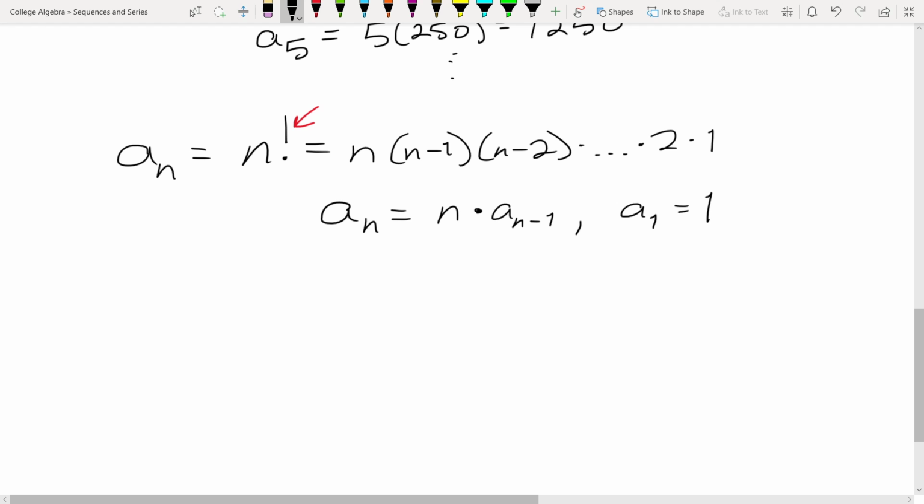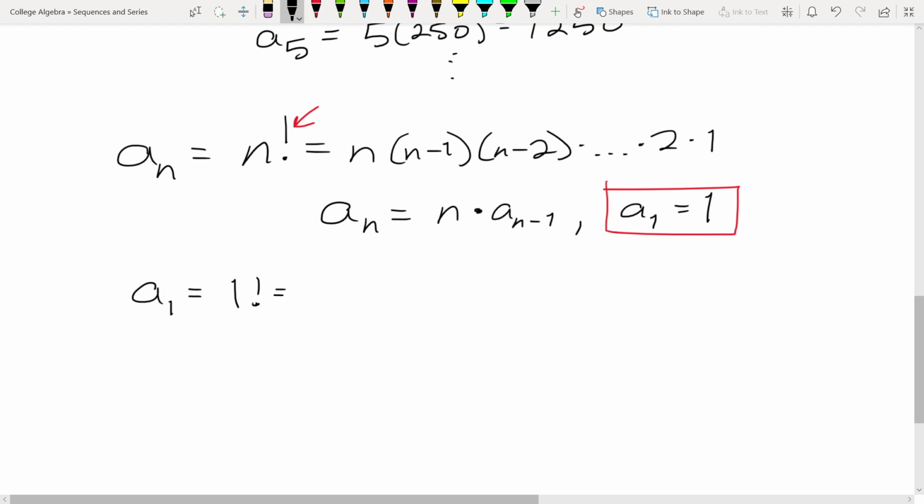So to give an idea, what are the first 5 terms of this? Well, a1, we can follow this formula, but typically a1 is just given as 1. As you can see with this recursive sequence, it's given there. 1 factorial is just going to end up being 1.